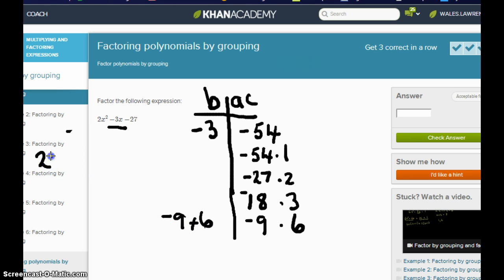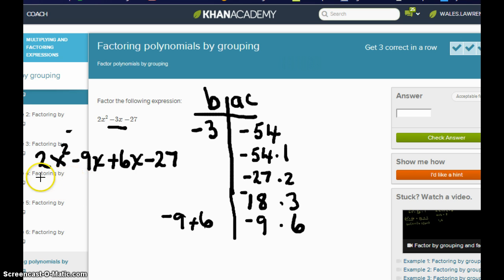So I'm going to just rewrite this now. 2x squared minus 9x plus 6x minus 27. And I'm going to do this both ways so you can see that it doesn't really make a difference.